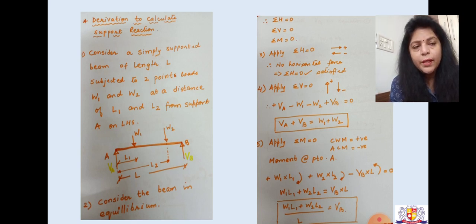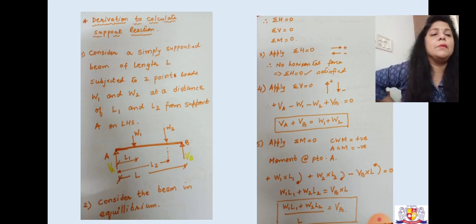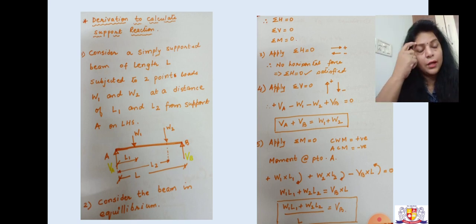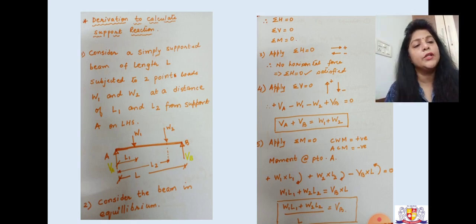Which is the point over here where we are going to calculate the moment? We are going to calculate the moment about point A. Okay, that means force into distance up to point A. Now, how do we get the line of action? We get the line of action by extending the point at which the force is acting in the vertical upward direction or vertical downward direction.